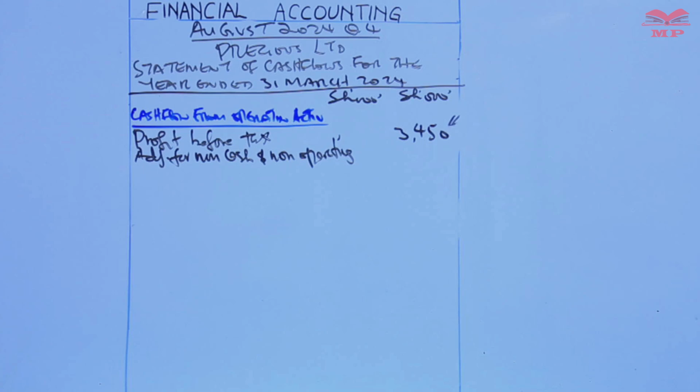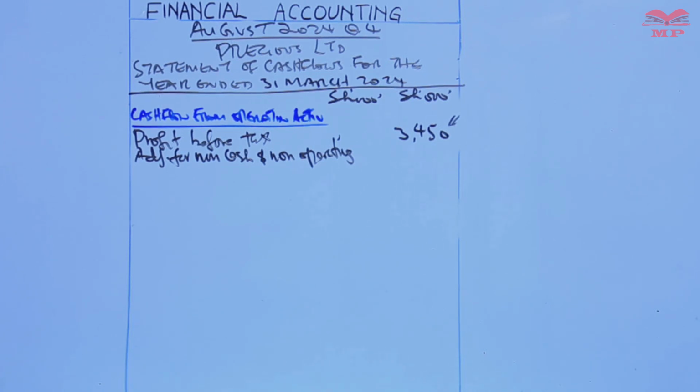I want you to first identify a non-cash item. Titus, of course you are right, the interest expense will have to be adjusted, but it's not a non-cash item. Let's do it systematically for the sake of understanding.